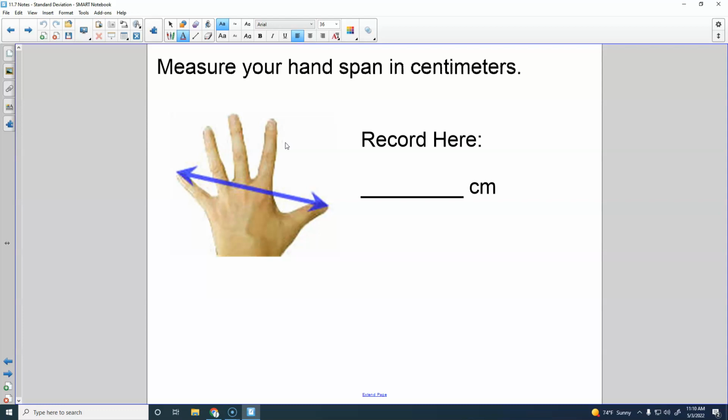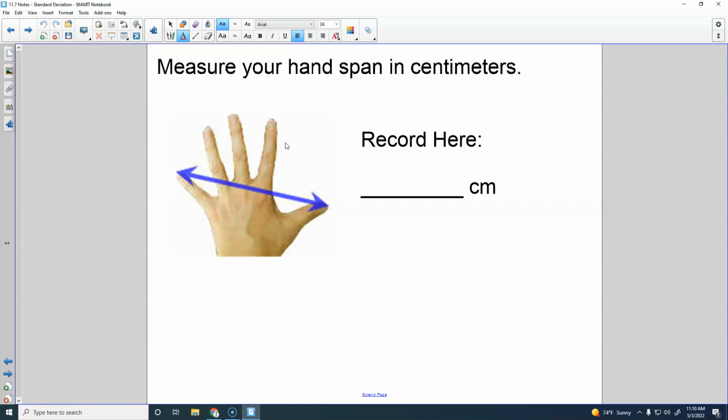Are we doing inches or centimeters? Okay. All right. So the easiest way to do this, guys, is to lay your ruler down on the desk. Put your thumb at the 0, and try to stretch your pinky as far as you can.